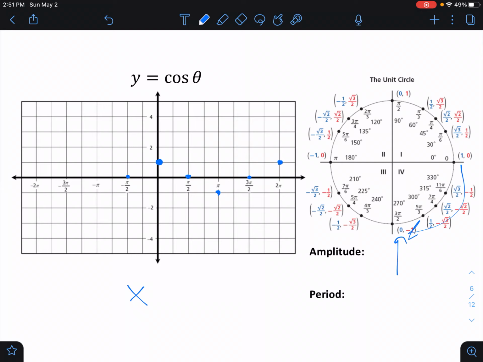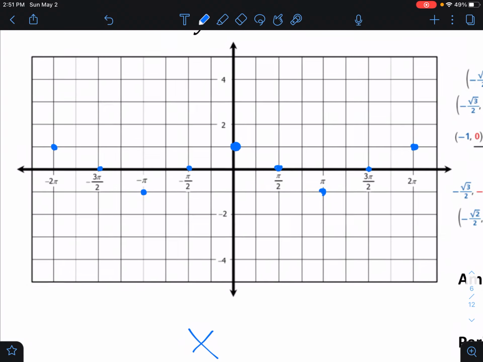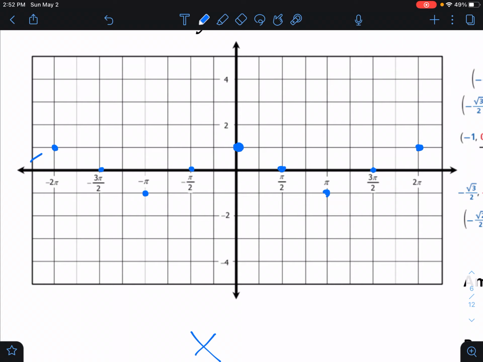And then at negative pi, I'm at negative 1. At negative 3 pi over 2, I'm back to 0. And then negative 2 pi, I'm at 1 again. So once again, here I have this wave situation going on, and I'm going to connect these with a smooth curve.